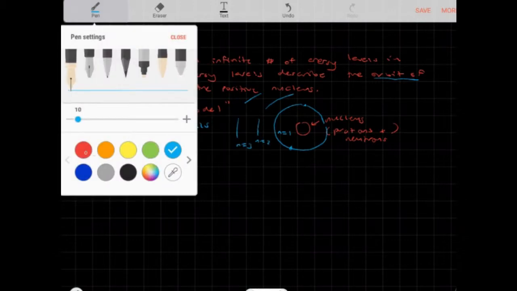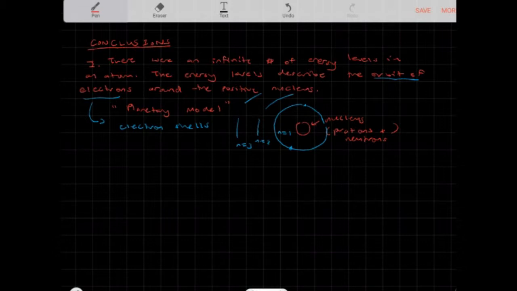But one of the other big conclusions that Bohr stated here was that the energy of an electron is dependent on its position from the nucleus, right? So the distance from the nucleus would determine the energy of an electron.